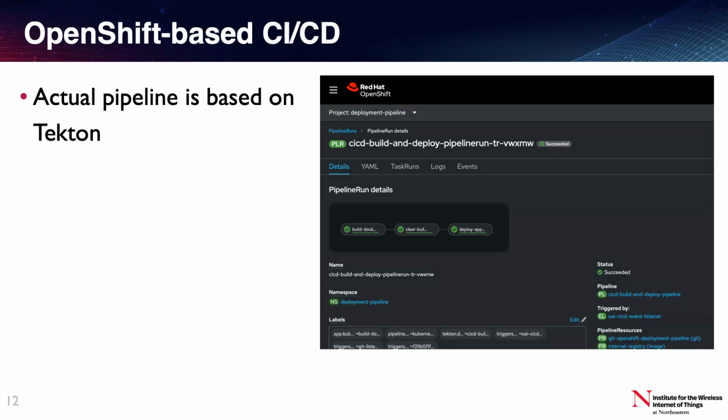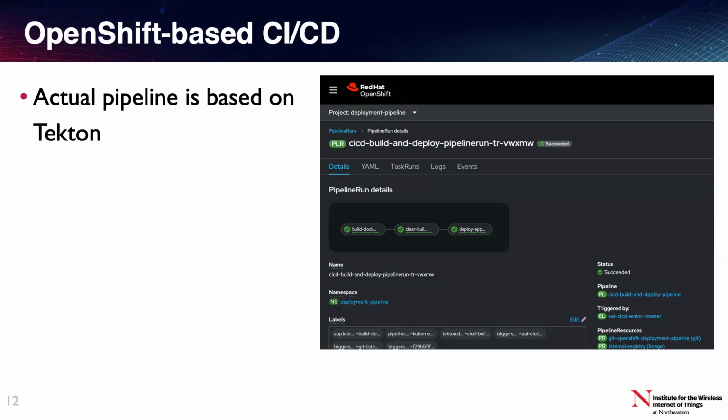So for example, here you can see the pipeline to build and deploy the new image. The first steps, the middle steps that you had in the previous slide, are taken care of by a pipeline like this one. So you have various steps: one step to build, one step to clean up, and one step to deploy.